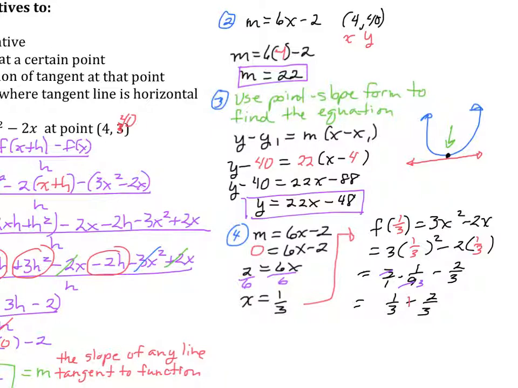We add the opposite, it makes it a whole lot easier. What's 1/3 plus a negative 2/3? What's 1 plus negative 2? Negative 1. And so our f of x is equal to negative 1/3. And so our ordered pair, our x value is 1/3, our y value is negative 1/3. And that's the answer that we're looking for there.